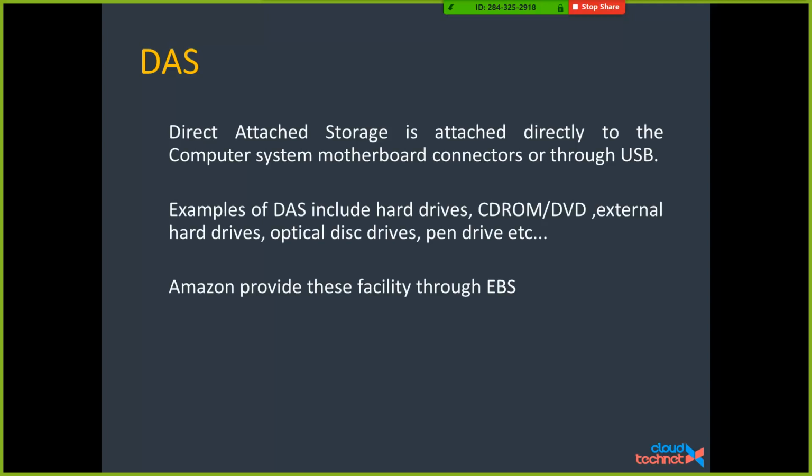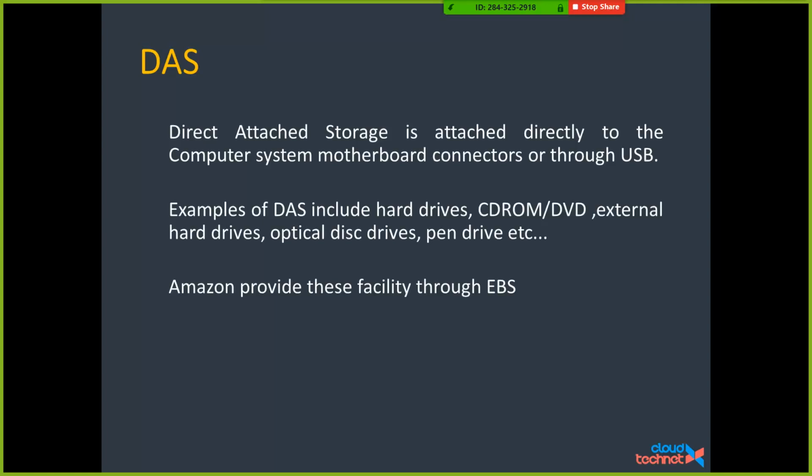The same type of DAS technology is used by Amazon Web Services, through EBS. So EBS is a service provided by Amazon which is related to DAS technology, directly attached storage.